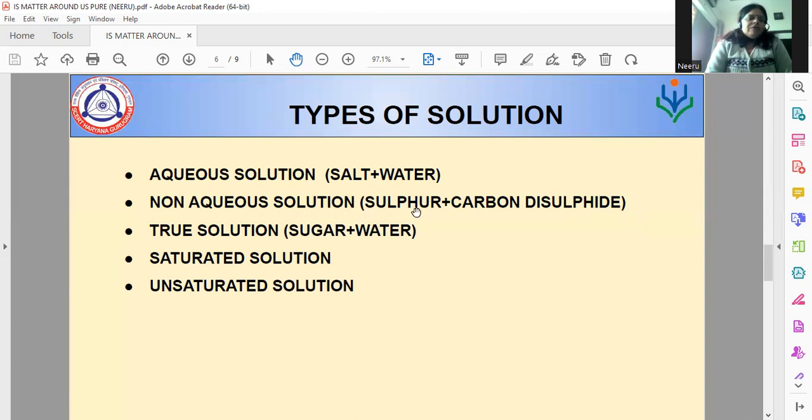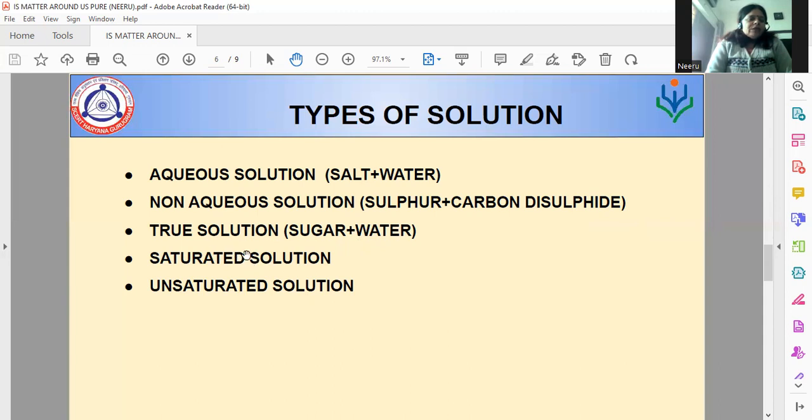Here we can take the example of sulfur and carbon disulfide. It is a non-aqueous solution. Then coming to the next point, what is a true solution? A true solution is like the homogeneous solution we have studied. The sugar and water solution is a true solution.